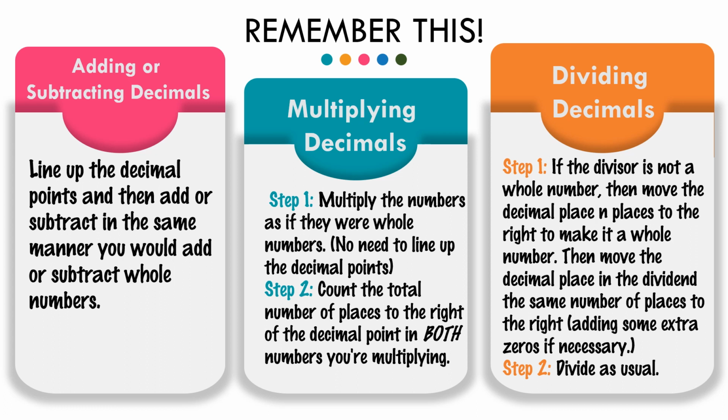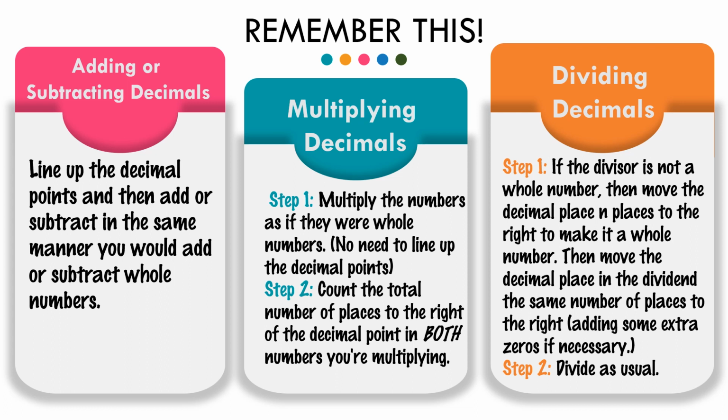For multiplying decimals, step 1: we multiply the numbers as if they were whole numbers. No need to line up the decimals. And then, this is the important part, count the total number of places to the right of the decimal point in both numbers you're multiplying. Again, I'm emphasizing both numbers you're multiplying.